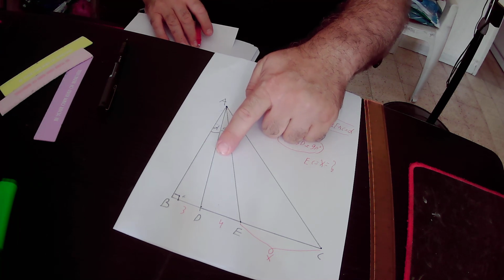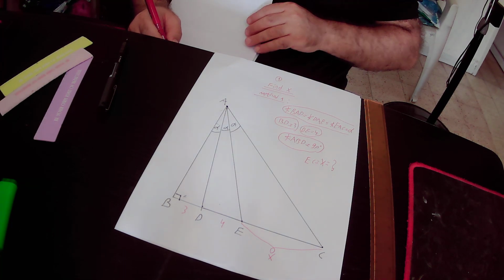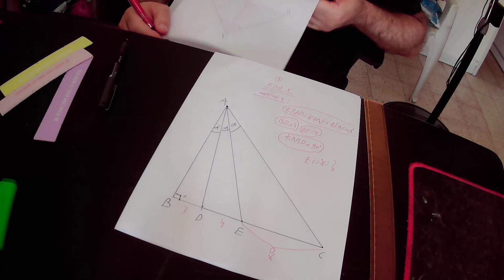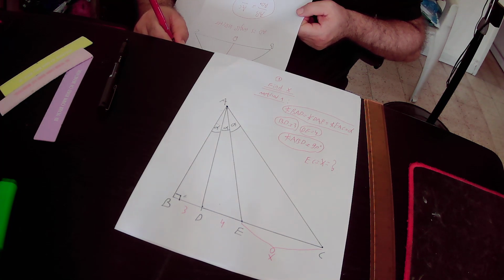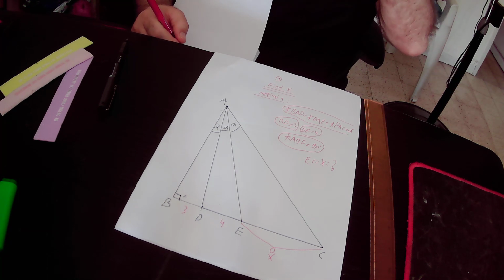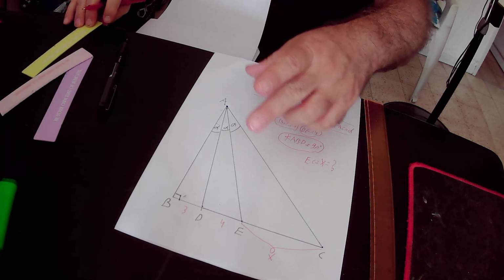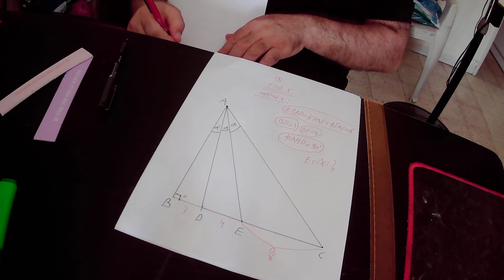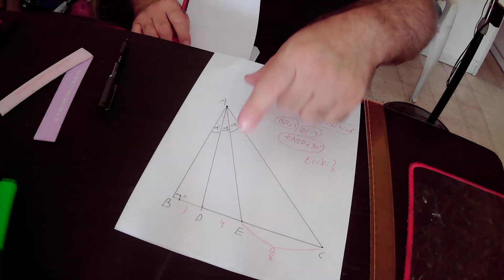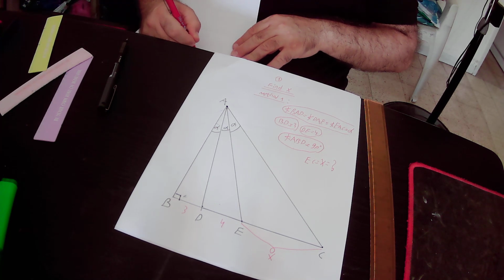On this right triangle, triangle BAE, AD is angle bisector.